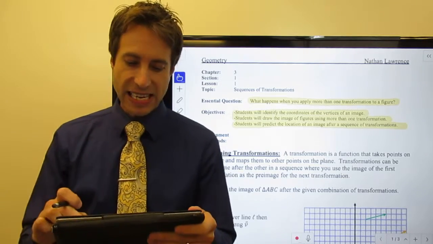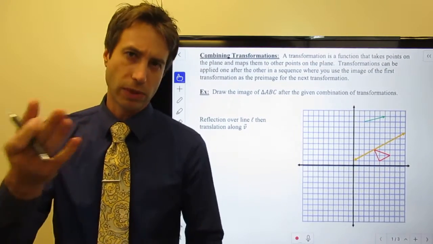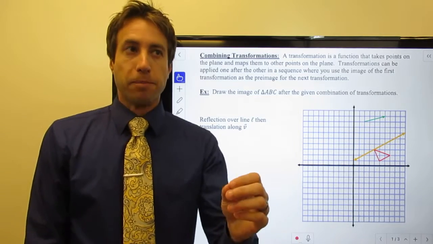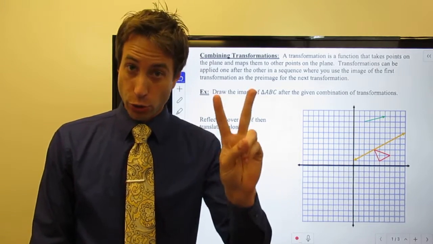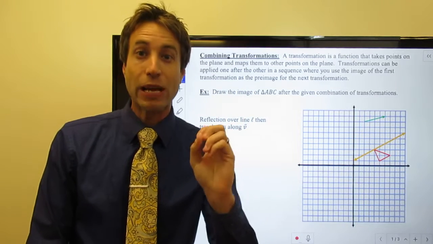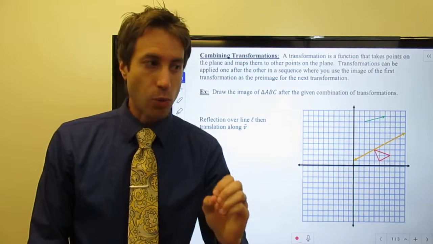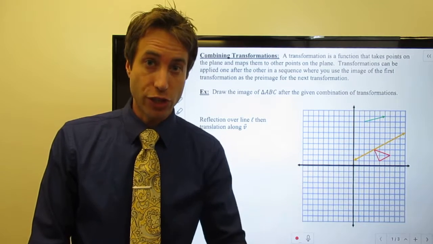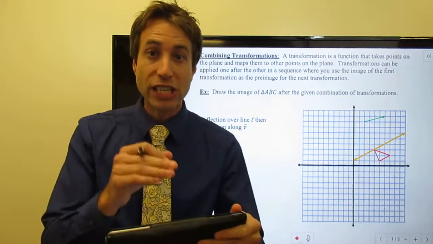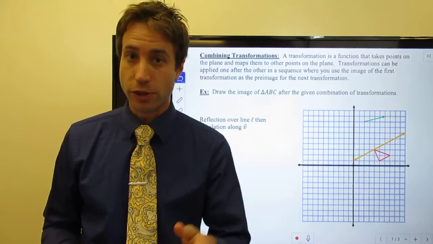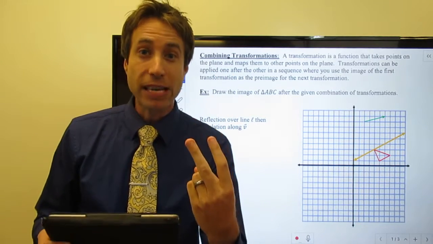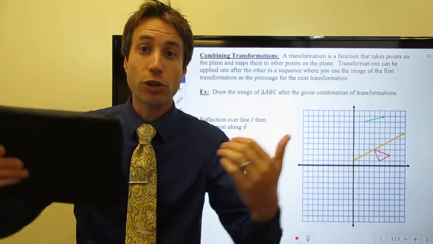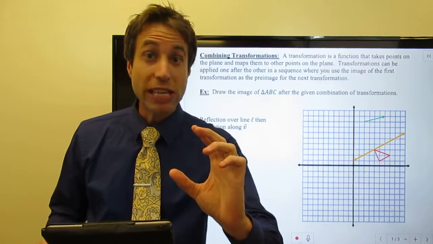Let's jump right into this, and here's what's coming. We've been taking a look at transformations, and in particular, two kinds: what we call a rigid motion and what we call a non-rigid motion. A rigid motion preserves shape and size. The image doesn't get bigger or smaller than the original figure.